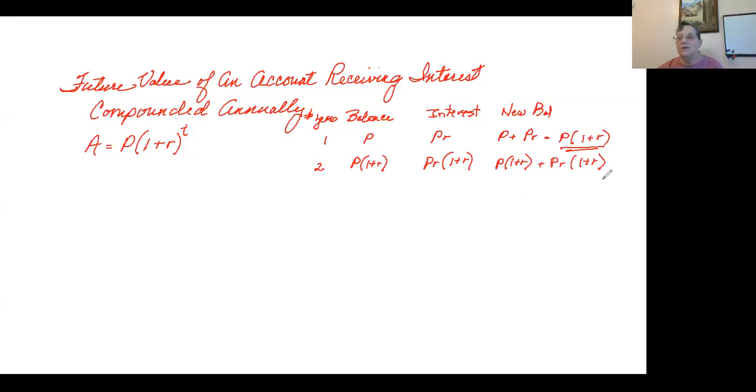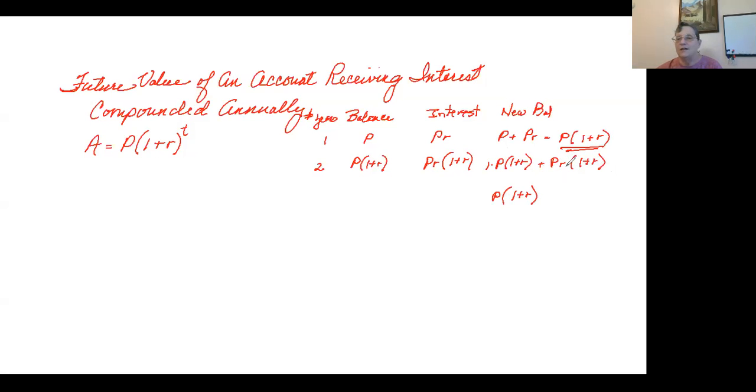Well, this is really complicated, but we could factor out a P, and we could factor out 1 plus R. If we factor P and 1 plus R out of this, that's going to leave a 1 here.